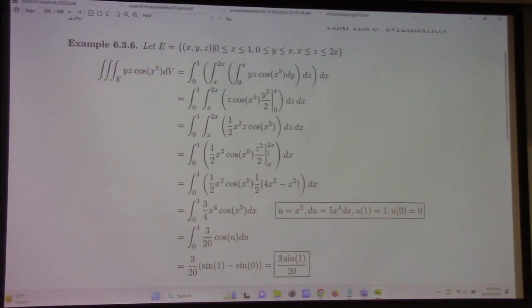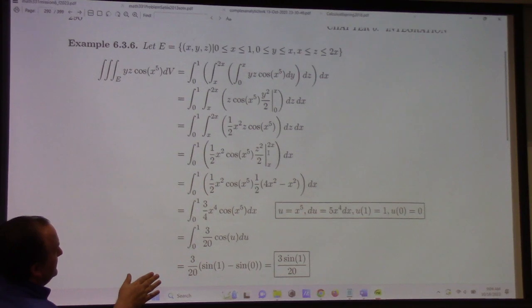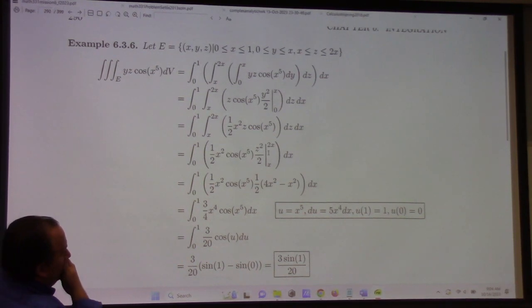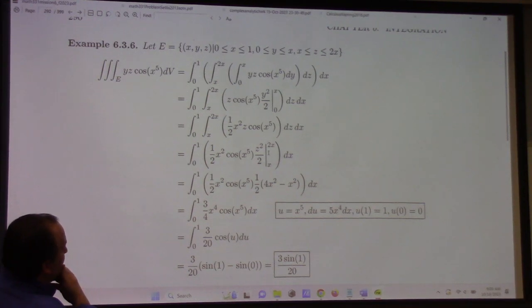So I definitely need to do the x bound last, and the y bound first. I guess I've got choices. I could put the z on the innermost integral, or I've got two different choices here, I suppose, but anyway, I did it as I did it there.